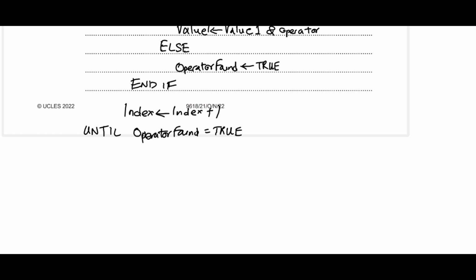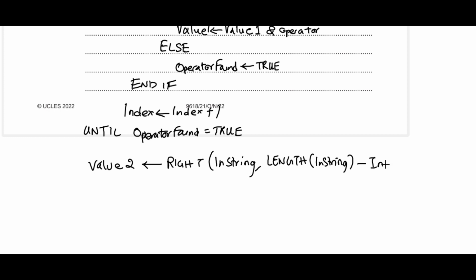All right. So basically now my value 2 is going to be right in string, so this is going to be length of in string minus my index.